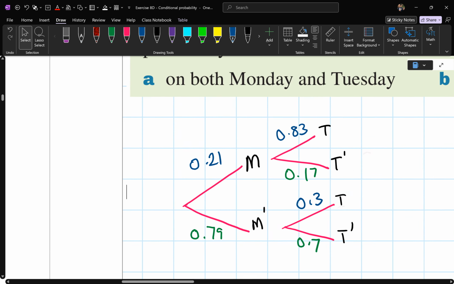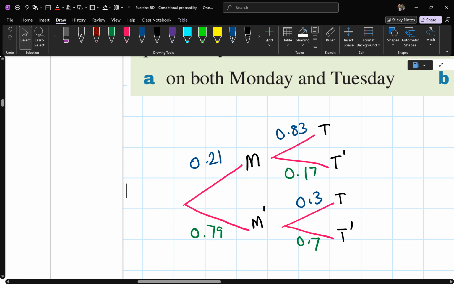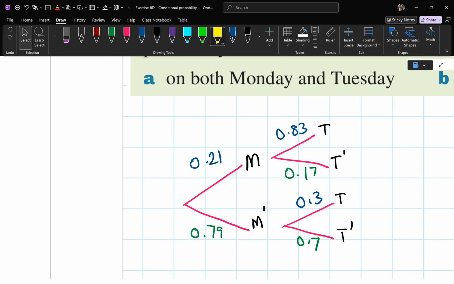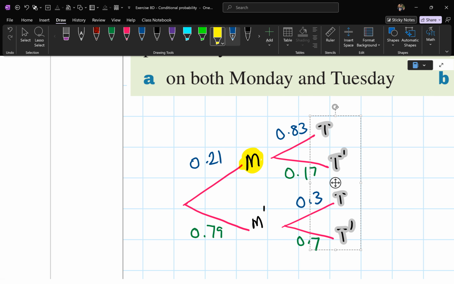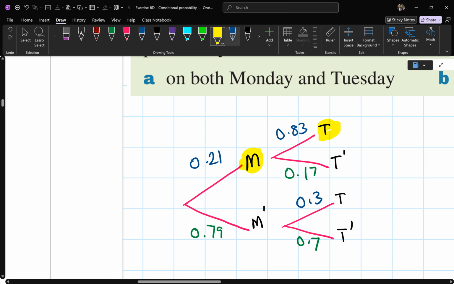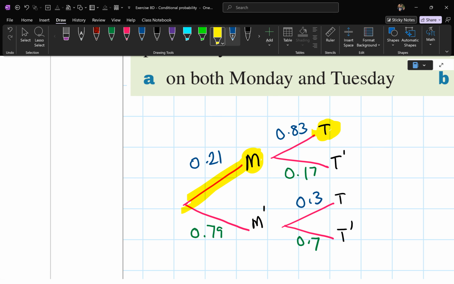So the first question said, what's the chance of it raining on both Monday and Tuesday? This is what you're looking at: raining Monday, raining Tuesday. The chance of getting Monday is 21%, and then to get Tuesday, there's an 83% chance of the 21%.